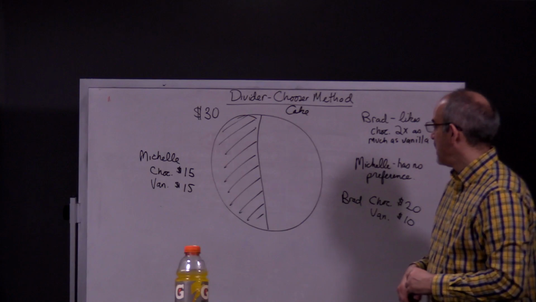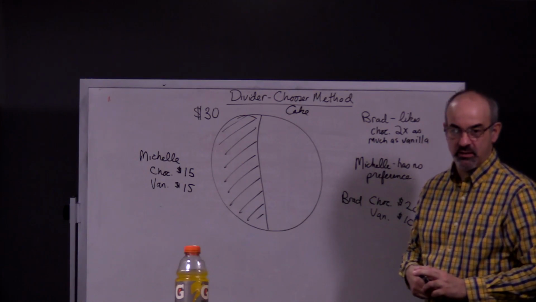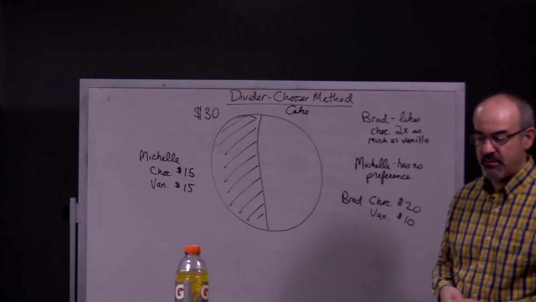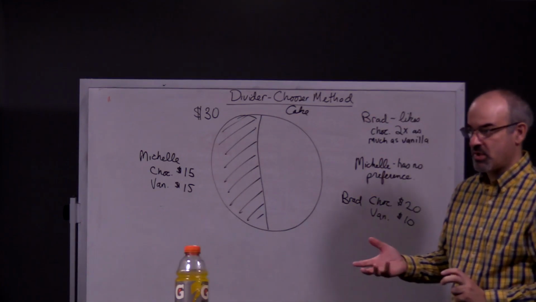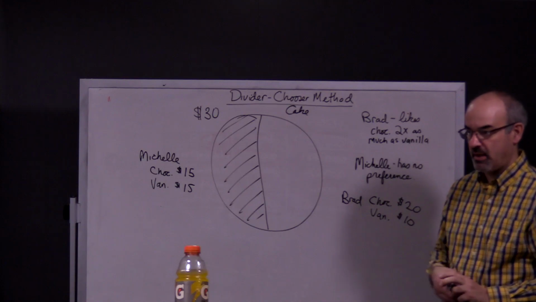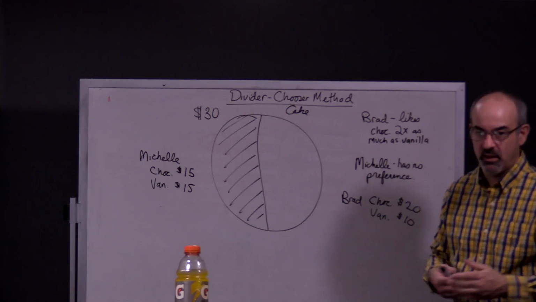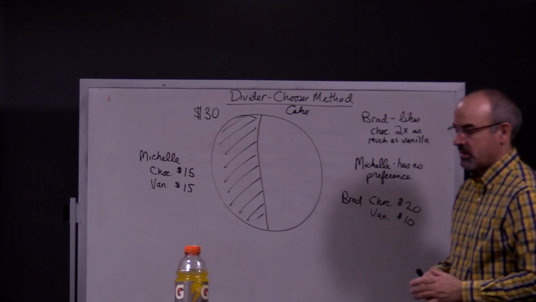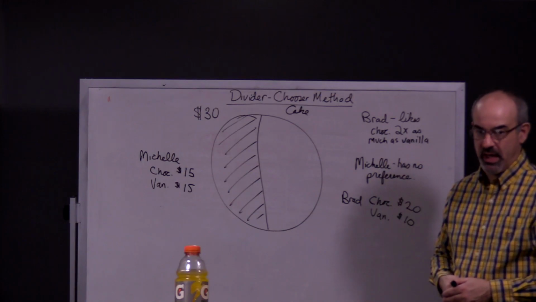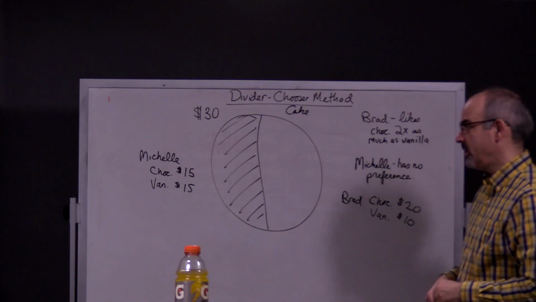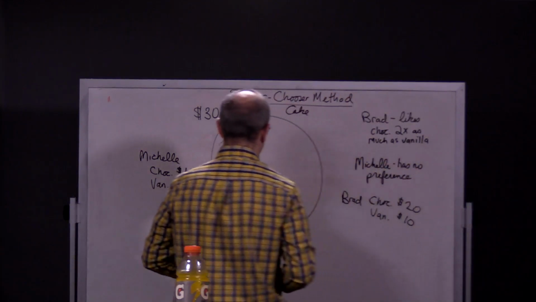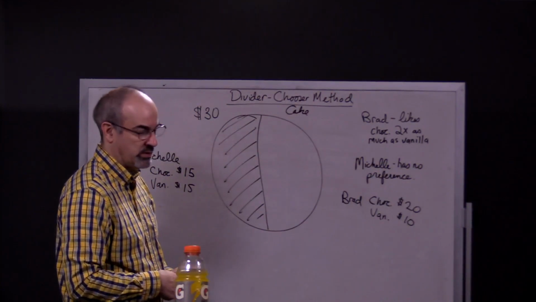So Brad can't say to Michelle, oh, I'll let you divide it, I'll be the chooser, because the chooser, more likely than not, will get a higher value. The divider is always going to get exactly 1/2 of the value. So they're going to have to flip a coin to see who will divide it.